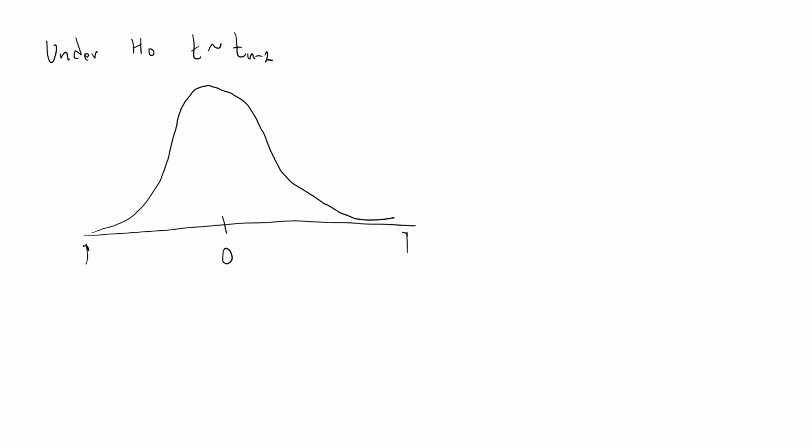This is not drawn from a t-distribution with n minus 2 degrees of freedom. Well, if you are saying that does not come from the t-distribution with n minus 2 degrees of freedom, then you're also saying that the null hypothesis must be false. That is, then you have to claim that beta 2 is not 0.